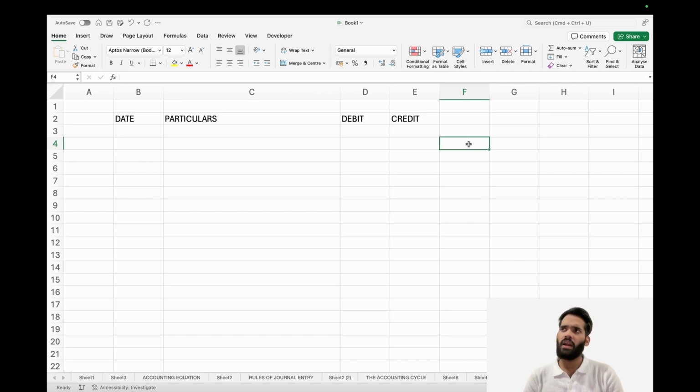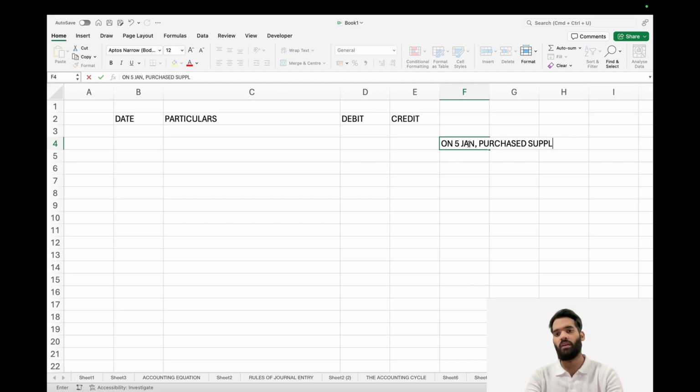So just to explain, what do we mean by supplies? Supplies in accounting obviously refers to, let's say, a stapler, the printing paper, all of these small things that you cannot record individually by their own name because they are very low value assets. So we just call them supplies. So if I say on 5th of January, purchased supplies for $14,000 cash.